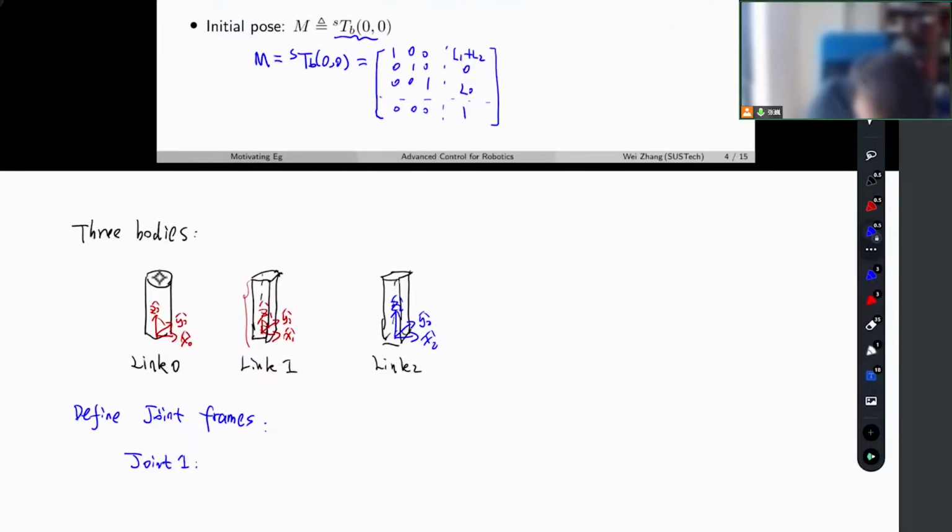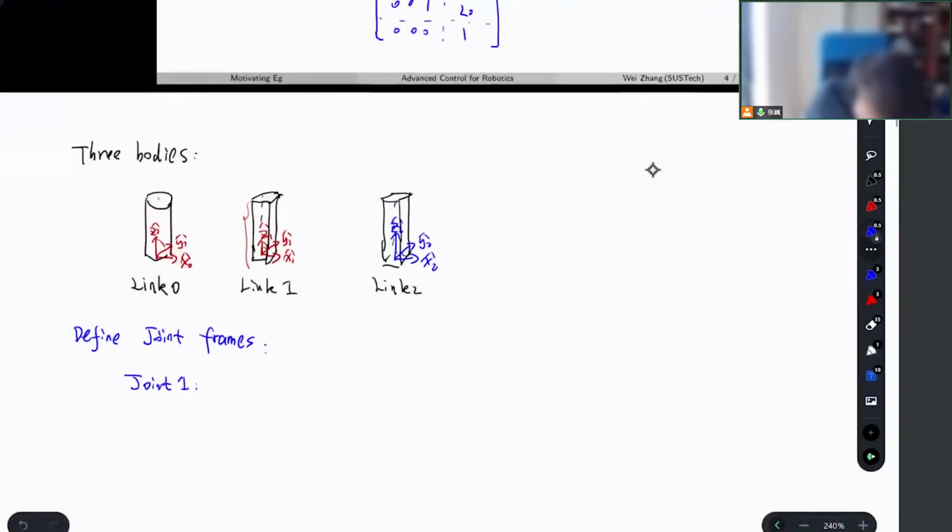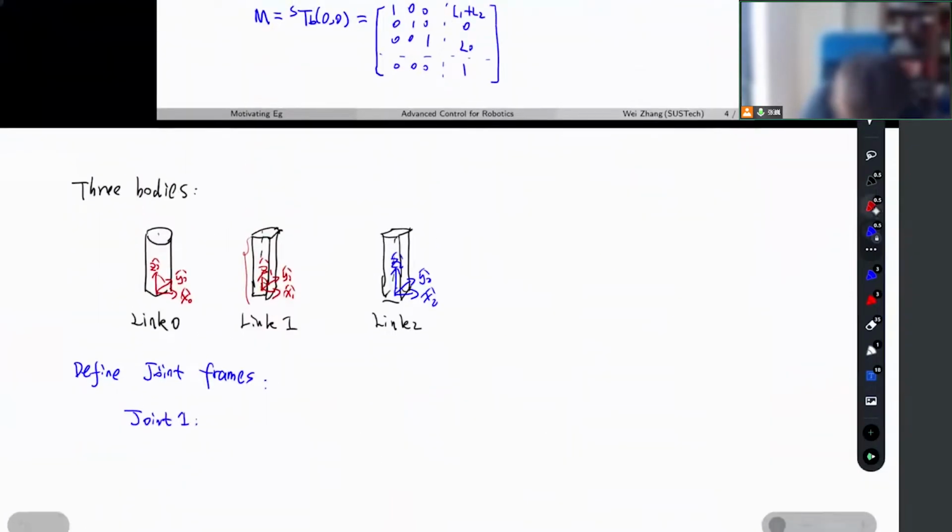And if I want to make sure everything aligns well, I would say this is my Z direction, this is my X, this is my Y. Z of joint 1, Y of joint 1, X of joint 1.